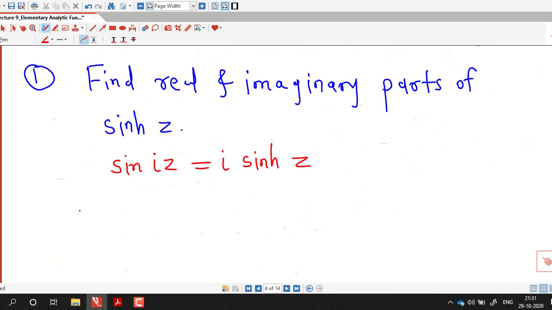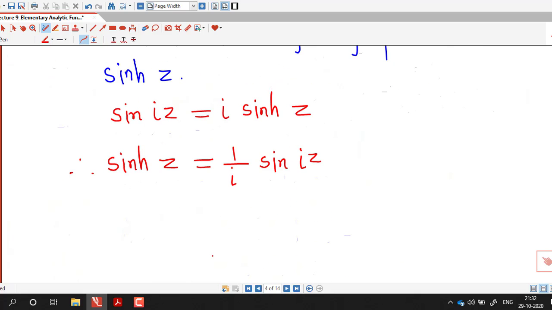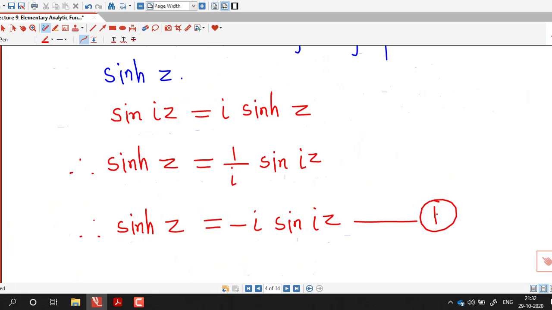So from this we can write sin hyperbolic z equal to 1 over i sin iz. Now 1 over i is minus i, therefore sin hyperbolic z is minus i sin iz.